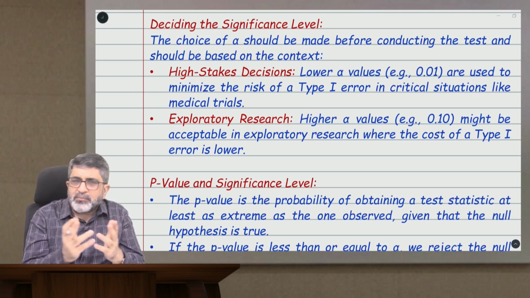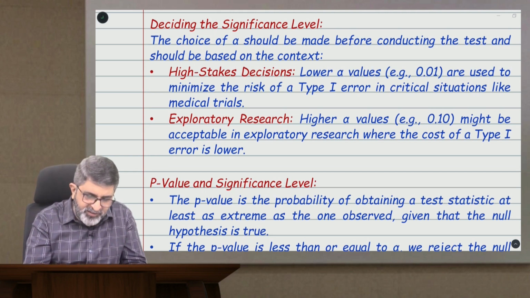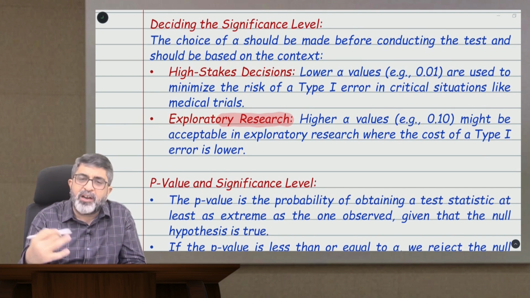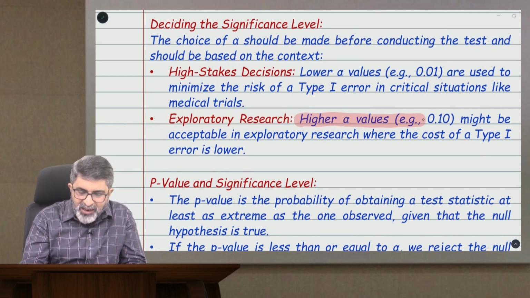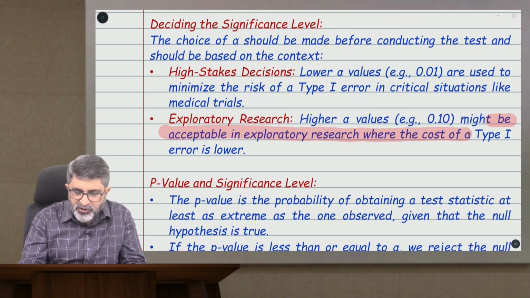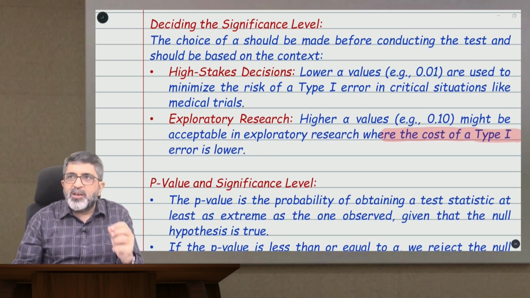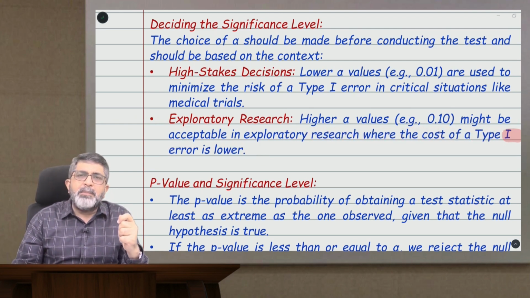However, all situations may not be that critical. For example, if you are going for exploratory research, higher alpha values might be acceptable, where the cost of type 1 error is lower. Now, for example, it's marketing research.